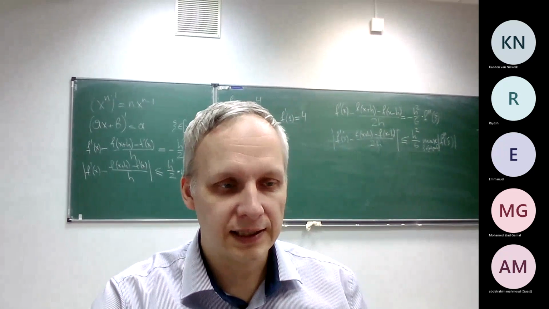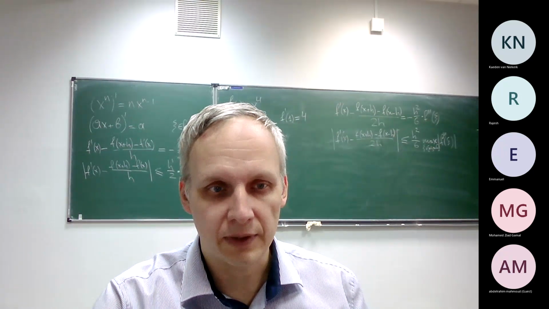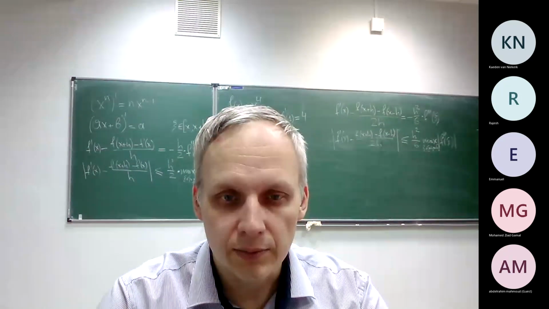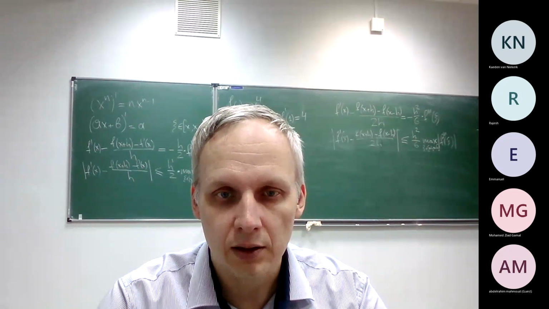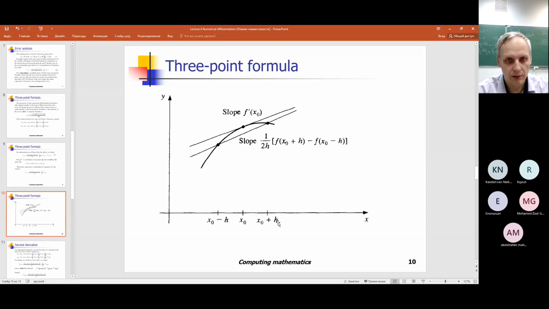Before we solve the example, I want to show you a graphical illustration as in the previous case. Let me share the screen again, the presentation. You can see that we have a function and the point x0. The value of the derivative is the slope of the tangent line.